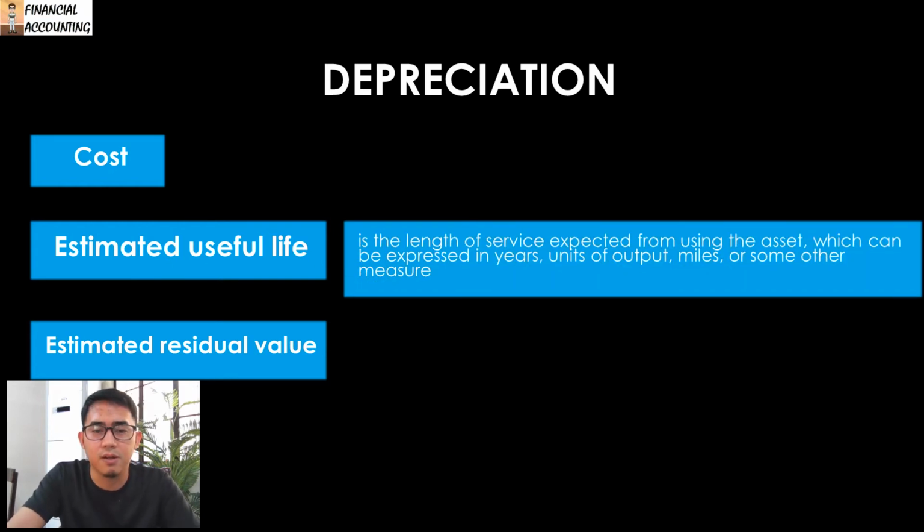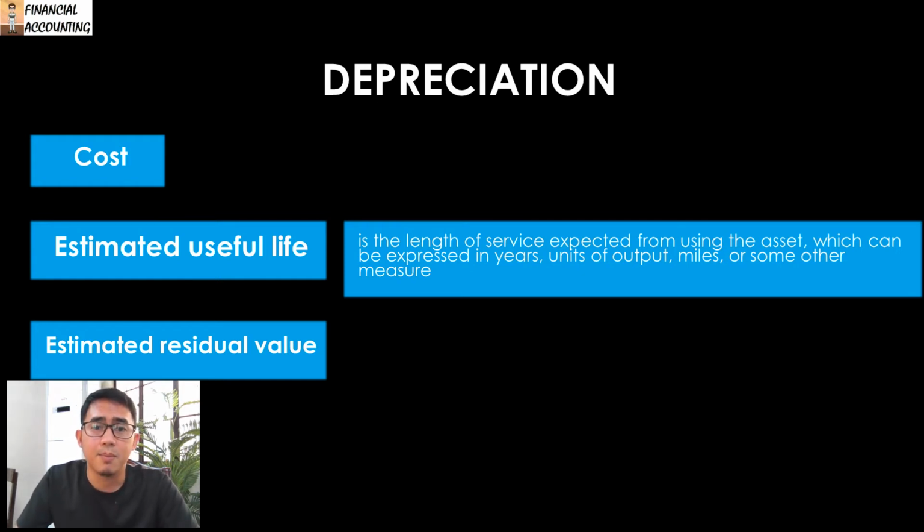Estimated useful life is the length of service expected from using the asset, which can be expressed in years, units of output, miles, or some other measure. So it is estimated. By the way, class, when you depreciate, you cannot really say that it is the exact amount of reduction in the value of that asset, because in the first place you only estimated this.